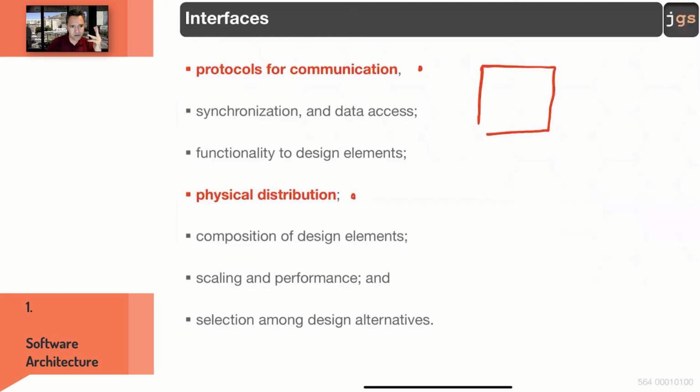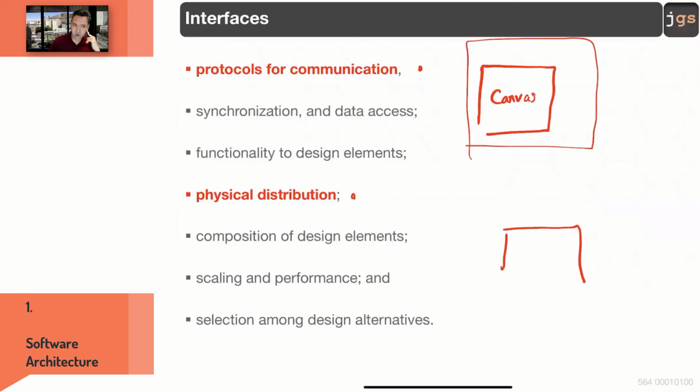You have this software system that is Canvas, but Canvas is running in one computer in some place in the cloud, and you want to use Canvas in your home, in your computer, and therefore you're going to use a piece of software, your browser. You want to connect those two pieces of software.